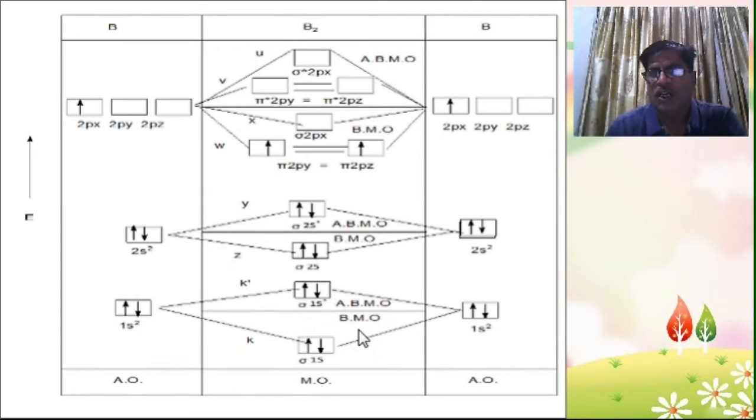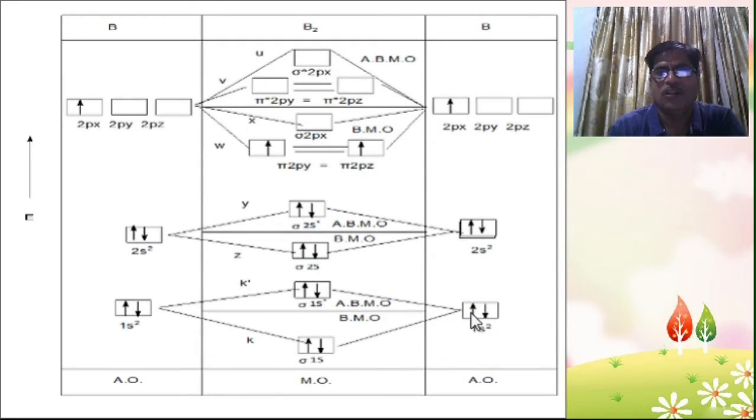So N by 2 BMOs are formed, and always N by 2 ABMOs are formed. BMO means bonding molecular orbitals and ABMO means anti-bonding molecular orbitals.